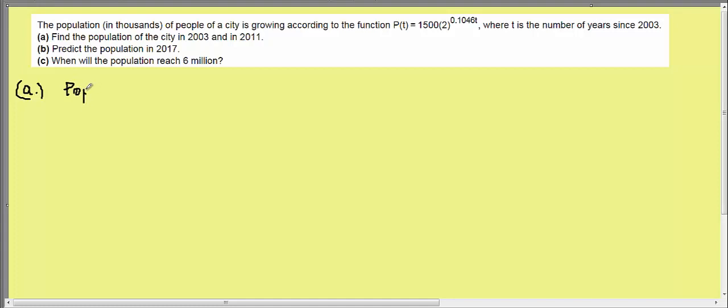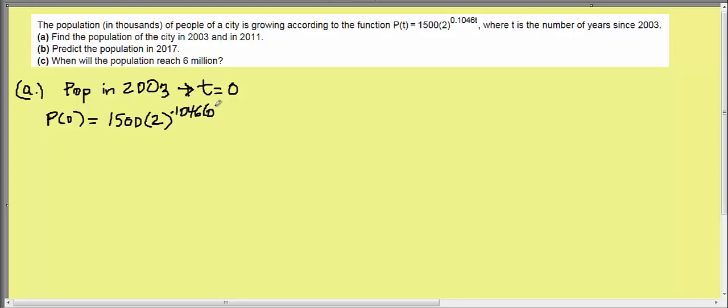Population in 2003 is when t is 0. So that means we're looking at the population of 0. So we've got 1,500 times 2 raised to the 0.1046 times 0.